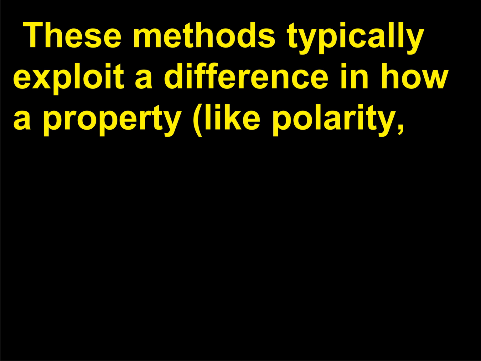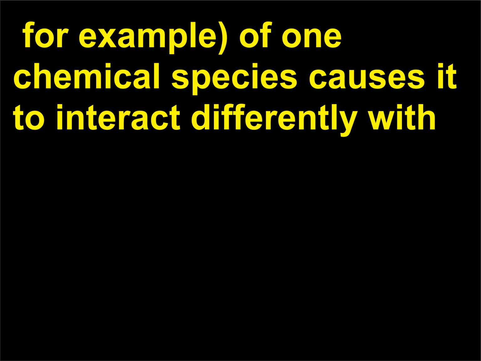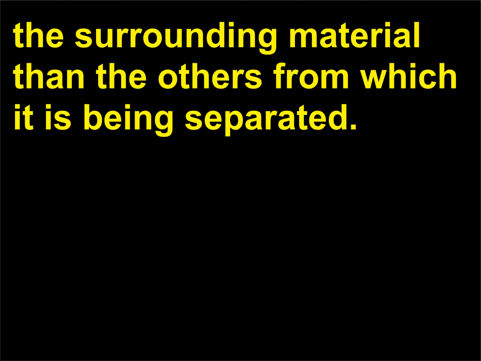These methods typically exploit a difference in how a property, like polarity for example, of one chemical species causes it to interact differently with the surrounding material than the others from which it is being separated.